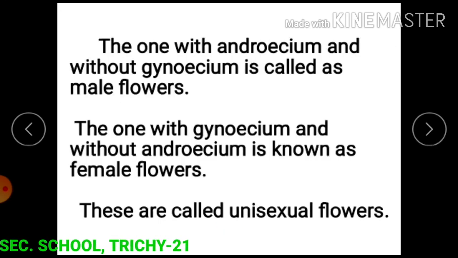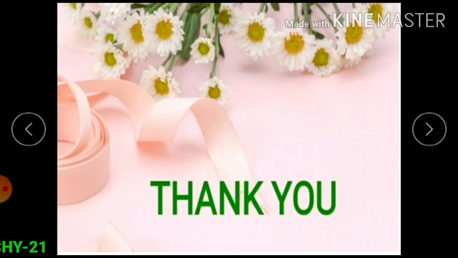In an incomplete flower, the one with androecium and without gynoecium is called a male flower. Whereas the flower with gynoecium and without androecium is known as a female flower. These are called unisexual flowers.